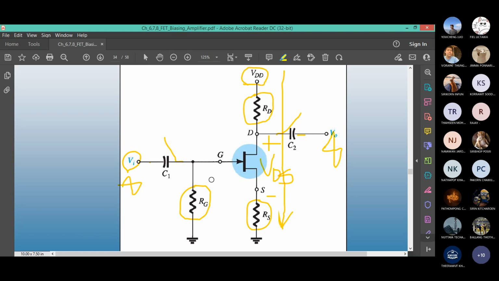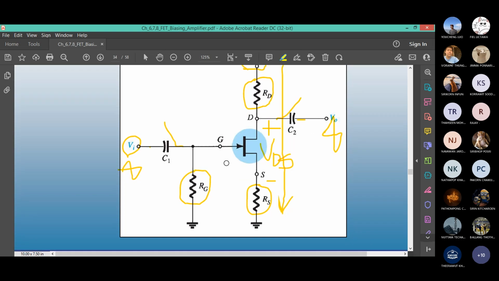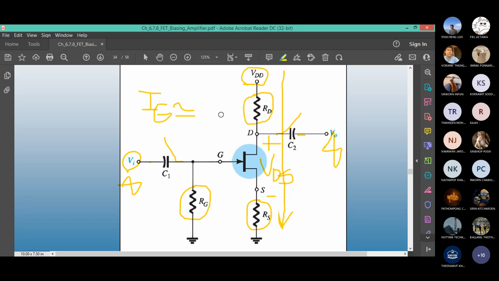Here is an interesting part on the input loop. What is the assumption of IG? We approximate IG to what? What was the approximation? Only 2 slides ago we talked about this. For JFET, what is gate current equal to?